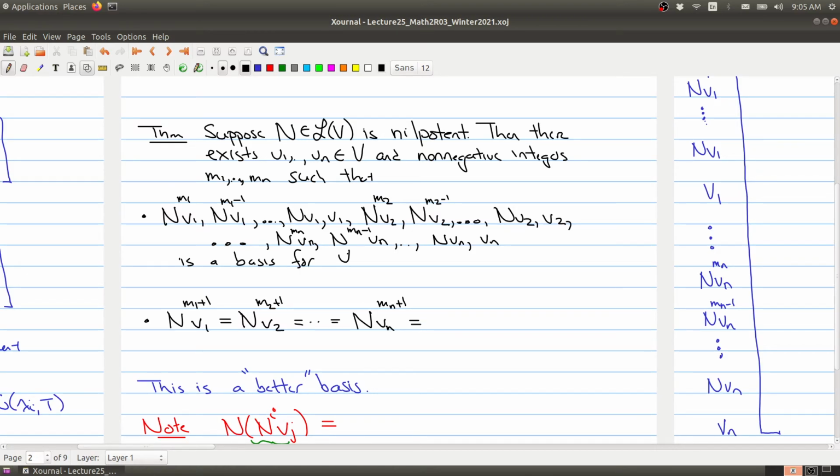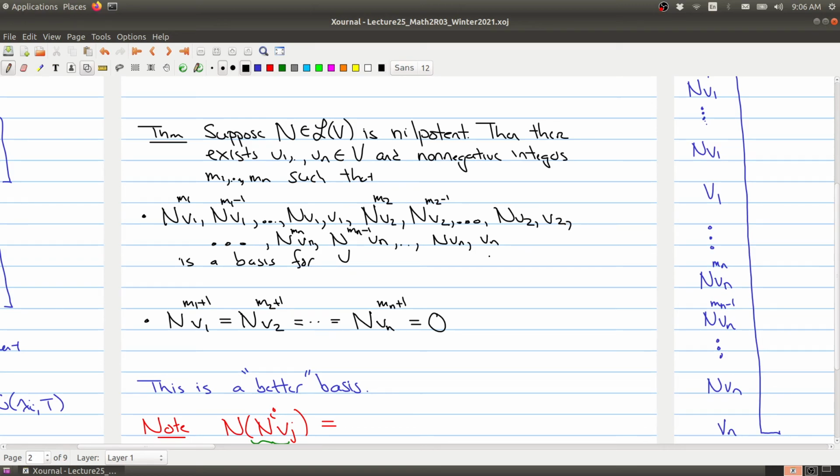Okay, so that seems complicated. The other thing is that the integers m_1 to m_n satisfy that N raised to the power of m_1 plus 1 evaluated at v_1, N raised to the power of m_2 plus 1 evaluated at v_2, and all of these are 0. One way to think about it is you're finding vectors and some numbers such that v_1, v_2 up to v_n is your first level.